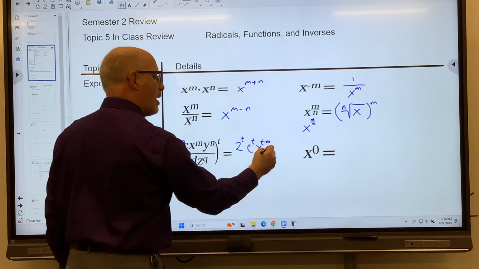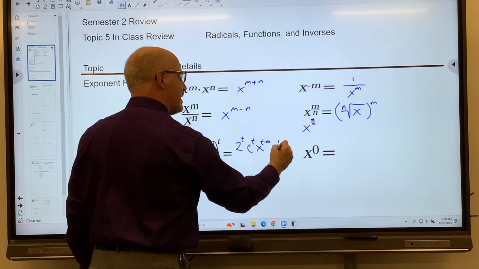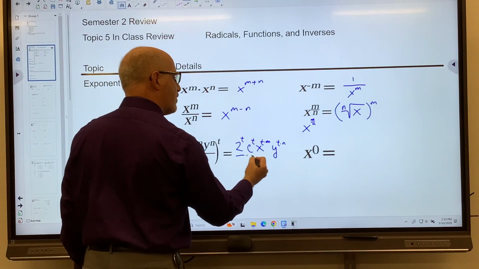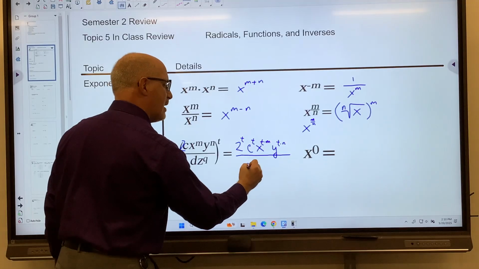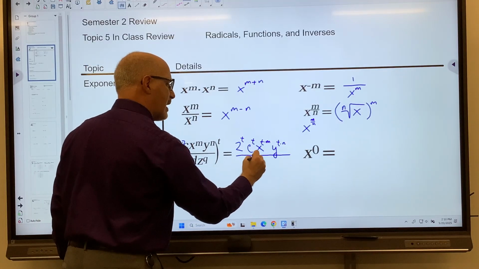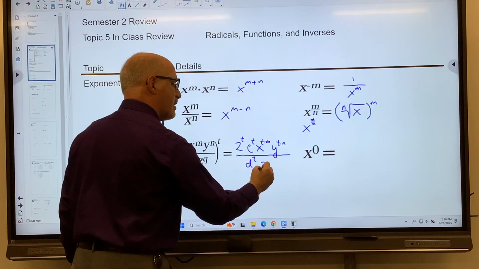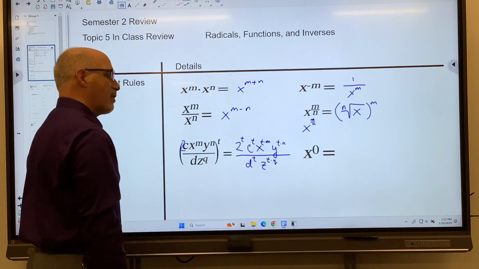And same with the y. The y already has an exponent of n, so I'm going to have the t times the n as part of that. All over, down at the bottom here, it's like d to the first, so d, bring the t into it as an exponent, and then z already has a q on it, so I'm going to multiply the t times the q as part of that.